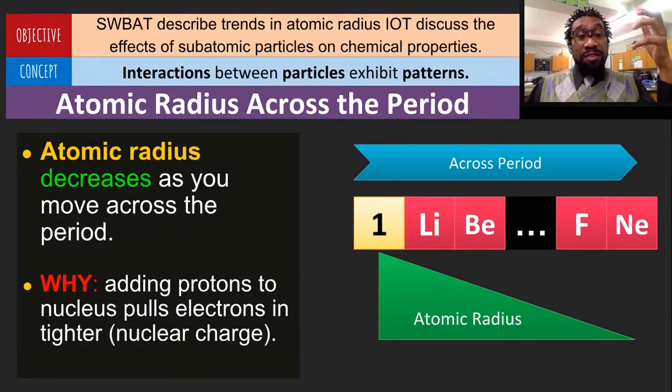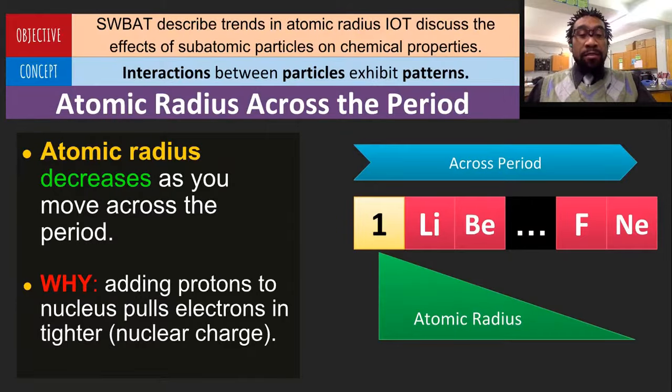The more positive charge you have, the tighter the hold on the electrons. This primarily works when you're in the same period. This rule can get fuzzy if you compare elements in different periods. That's why I introduced the previous trend first, because that's easier, and I believe it trumps this one.